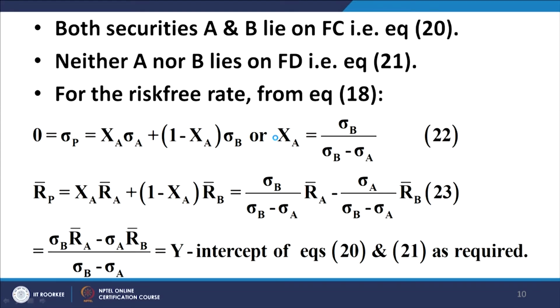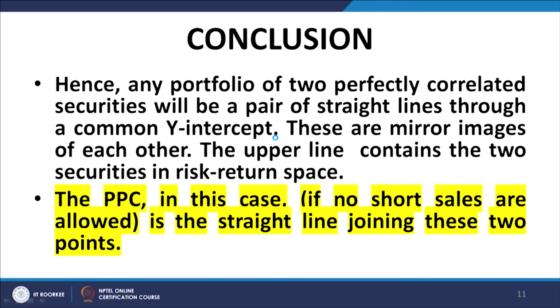So, this is the derivation of the risk free rate, which occurs when x_A is equal to sigma_B divided by (sigma_B minus sigma_A), which is greater than 1, and therefore x_B is less than 0.